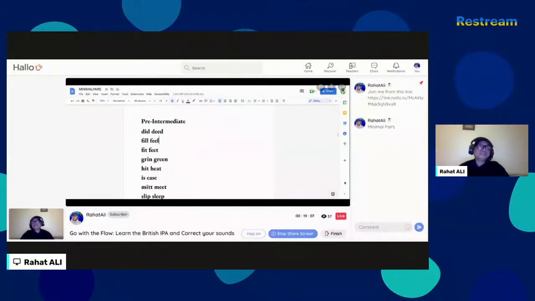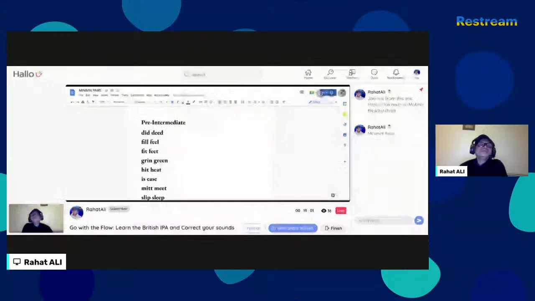So deed, you can see it, double E, whereas did is only a single vowel. So double vowel sounds are a bit longer and more sustained than single vowel sounds. Similarly, feel, fill, feet, fit, green, hit and heat, ease and is.